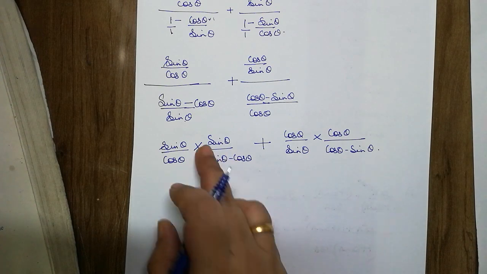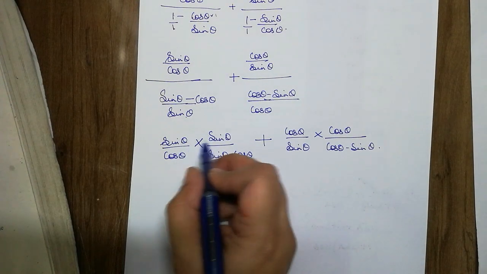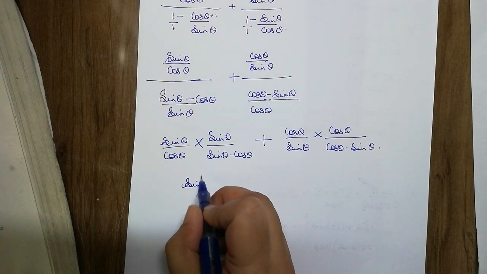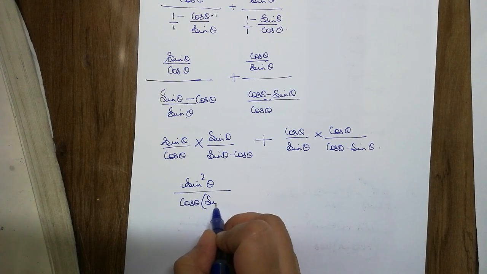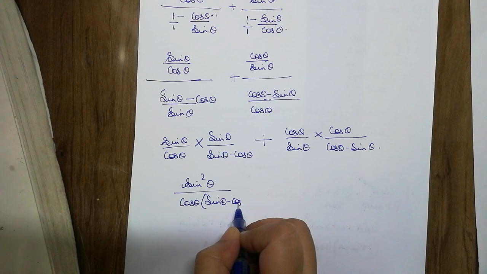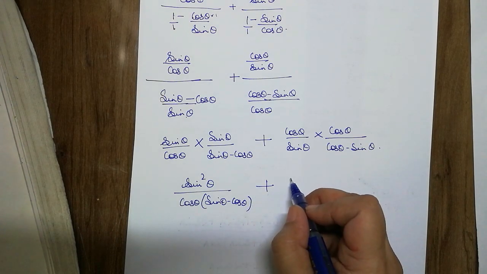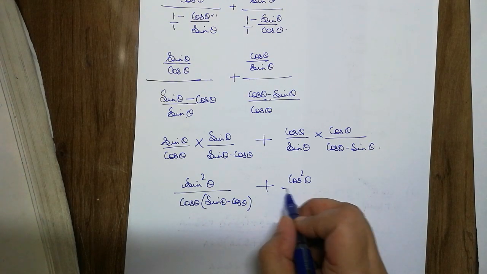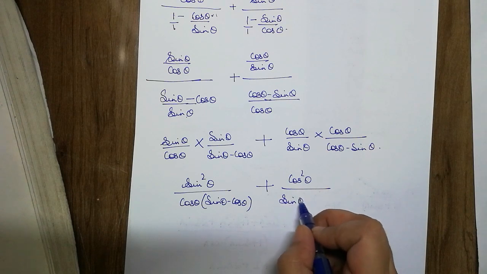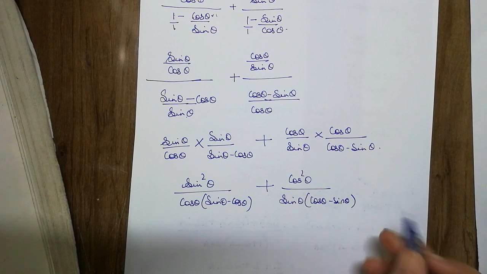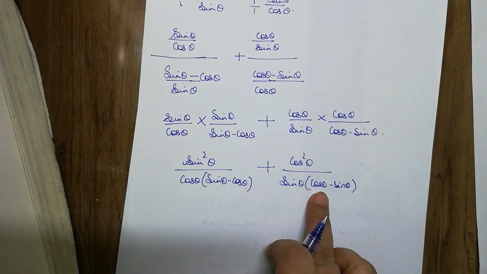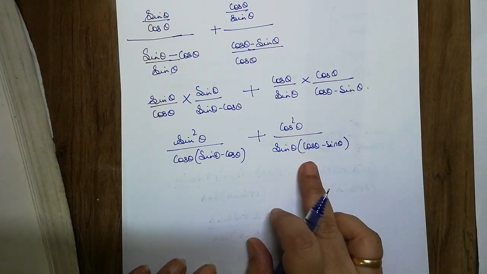Here nothing cancels, do not cancel here. Sine into sine becomes sine square theta, cos theta into sine theta minus cos theta, plus cos square theta by sine theta into cos theta minus sine theta. Now again we come across a fraction, so again we'll have to take the LCM.